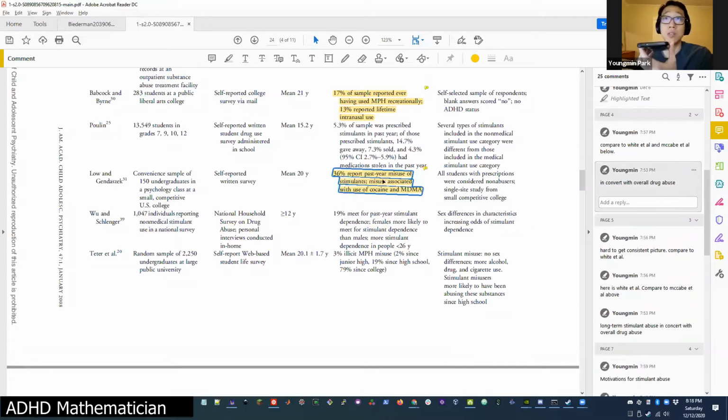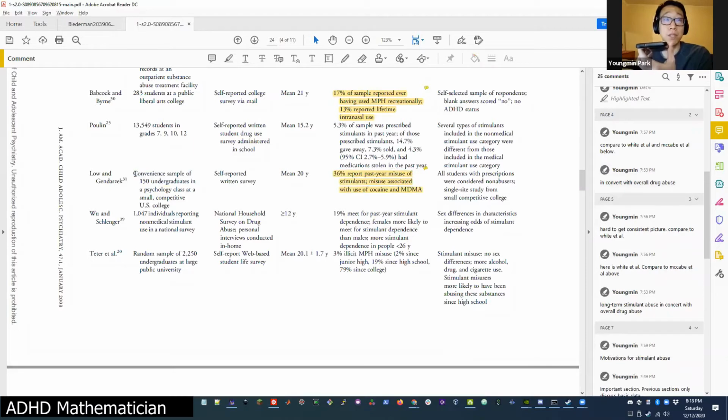So in this case, 36% of the sample, and this was a convenient sample, I don't know what convenient sample means, but 150 undergraduates in a psychology class at a small competitive U.S. college, self-reported written survey. 36% of them reported past year misuse of stimulants. Again, very different numbers from the other studies we're looking at. Misuse was associated with the use of cocaine and MDMA. All students with prescriptions were considered non-abusers. Single site study from a small competitive college.